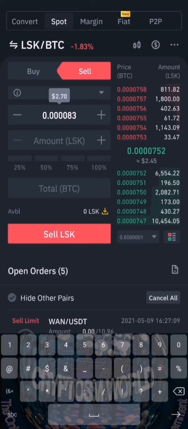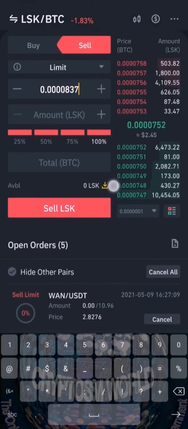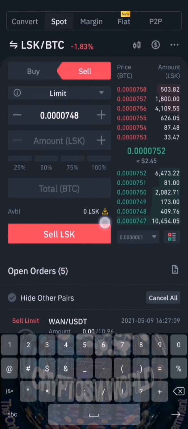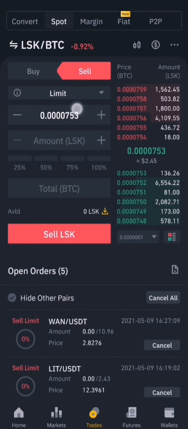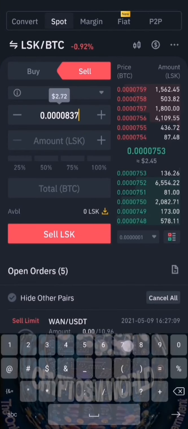But you can see right here I don't have any LSK, so it's not going to go through. So I want to sell all of it at 8373. So I click on the sell button.